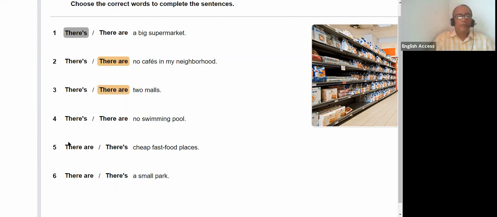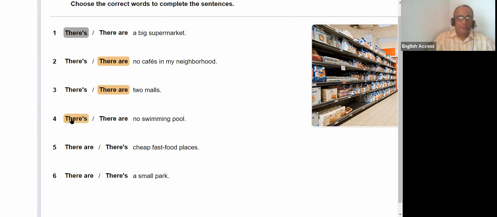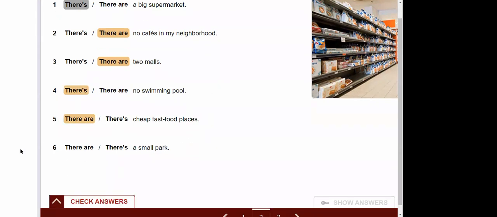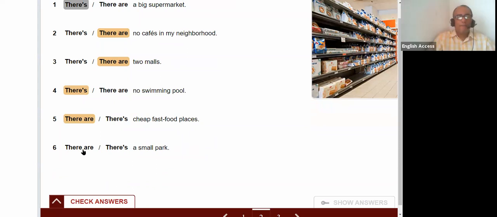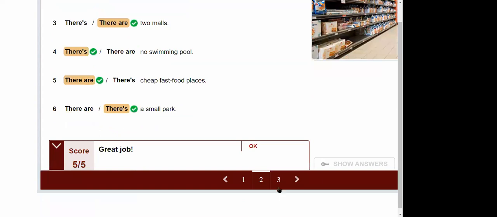Fatima? There's. Number five, Francisco? There are cheap fast food places. Exactly. And finally, number six, Fatima? There's a small park. Exactly. Very good job, guys.